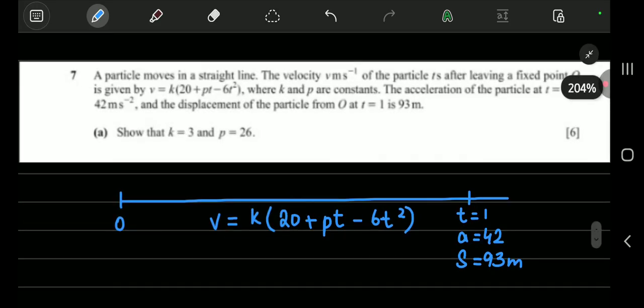So what information are they giving us? If you find the acceleration and put it equal to 42, you will get one equation. If you integrate the velocity v to find the equation for s and equate it to 93, you will get another equation. You will solve them simultaneously to find k and p.